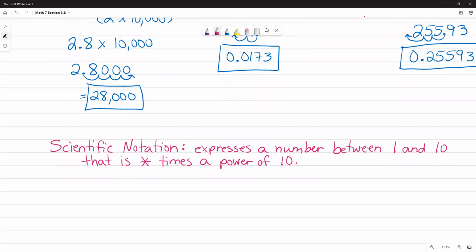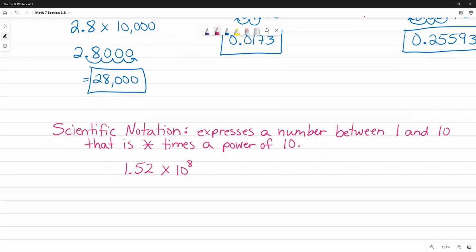So let me give you an example. If you have the example 1.52 times 10 to the power of 8. Okay, so you have to look at this first number. Well, let me change the color so it's a little more obvious. This one here must be greater than 1. So it can't be 0 point something, but it also must be less than 10.